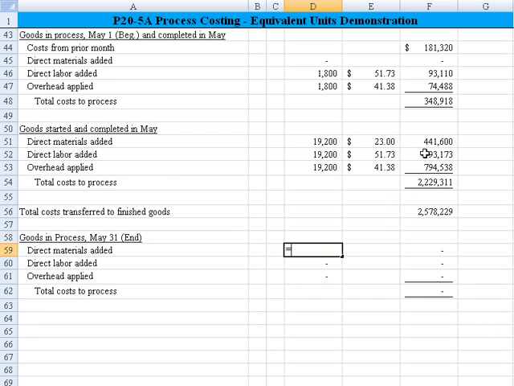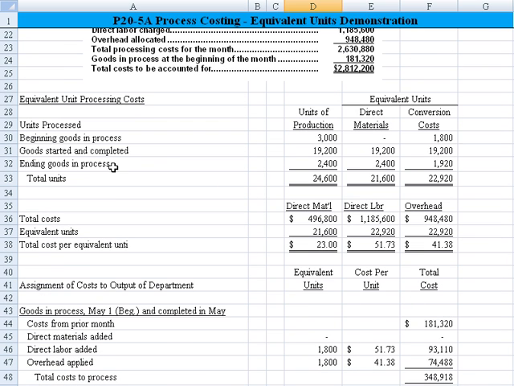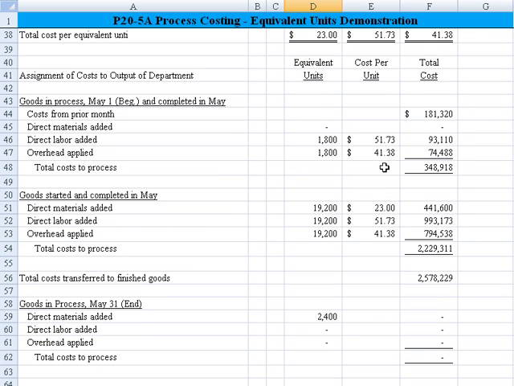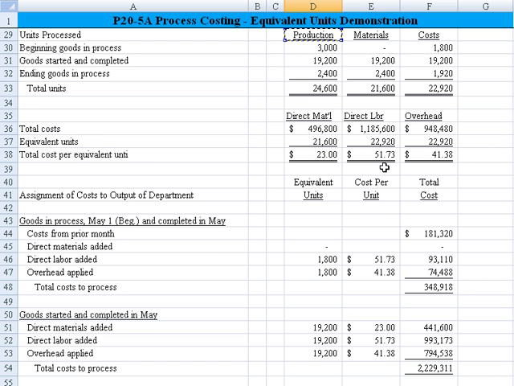The equivalent units comes from above again. This time it's for the ending goods, so we're going to pull from here, right? So in this cell it's 2,400, pulling from cell E32 above. And the direct labor, back to start part 1, for the ending goods is that cell, the 1920, that's F32.